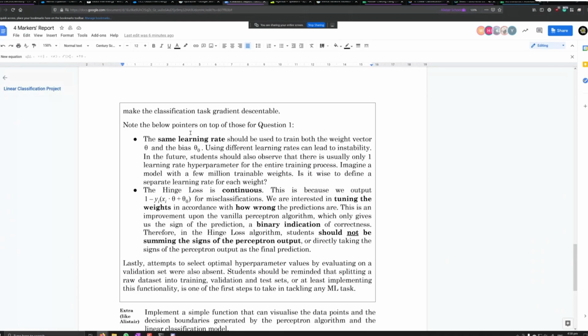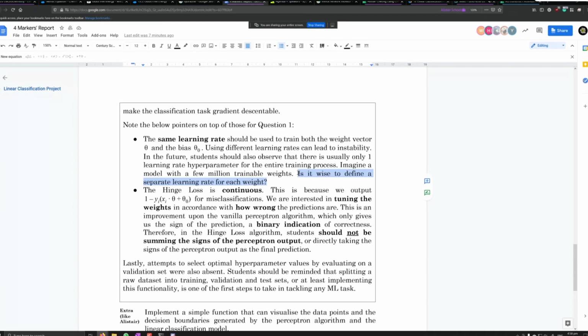If you think about it, if you have a very big model that has a million trainable weights, it's not a good idea to define a separate learning rate for every weight and every bias, because then you have a few million hyperparameters that you as a human have to decide. Then what's the whole point of machine learning if you have to tune every single hyperparameter yourself?